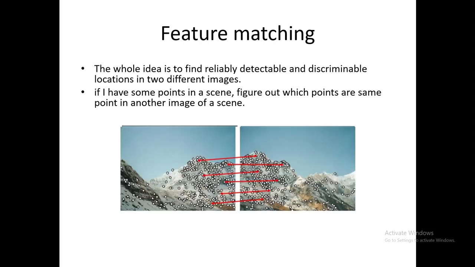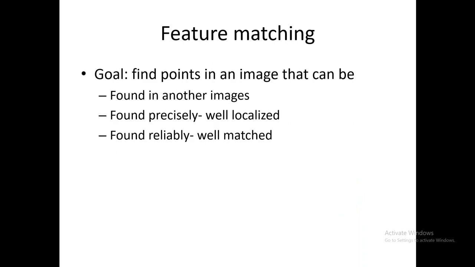That means if I find this feature here, I must be sure that this must be the exact one, and it must correspond to this point, not the other point. So I must be sure, and I must be more precise, and then it should be more reliable or well matched. It should be perfectly matched.